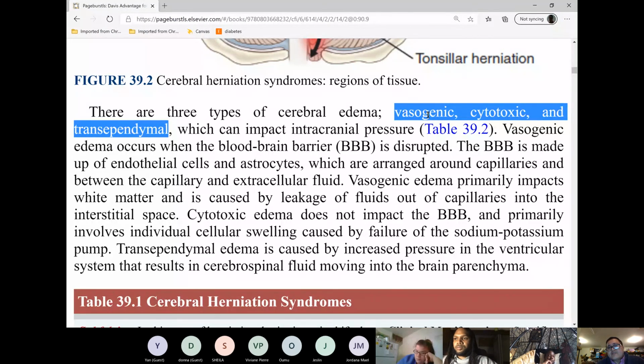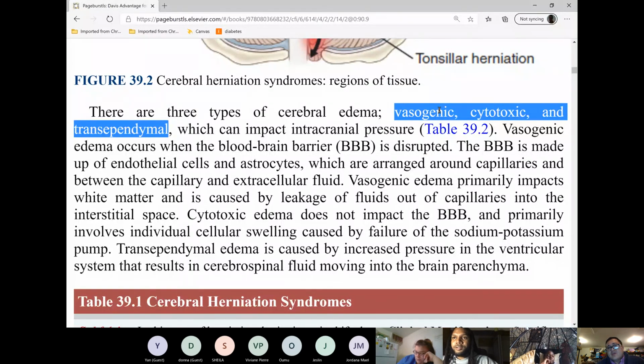So vasogenic is from the severe inflammation where the capillaries become very permeable. Remember what happened in burns and in severe sepsis, when the capillaries became very leaky? And then we had ARDS too, right?